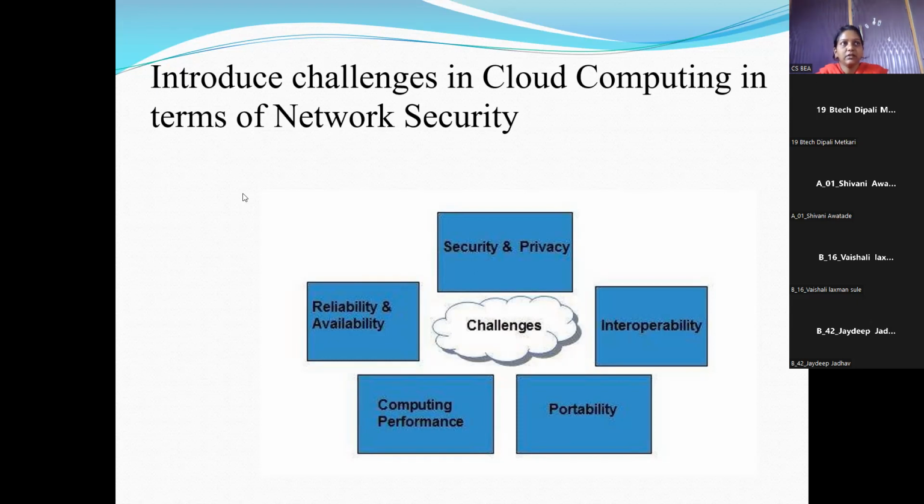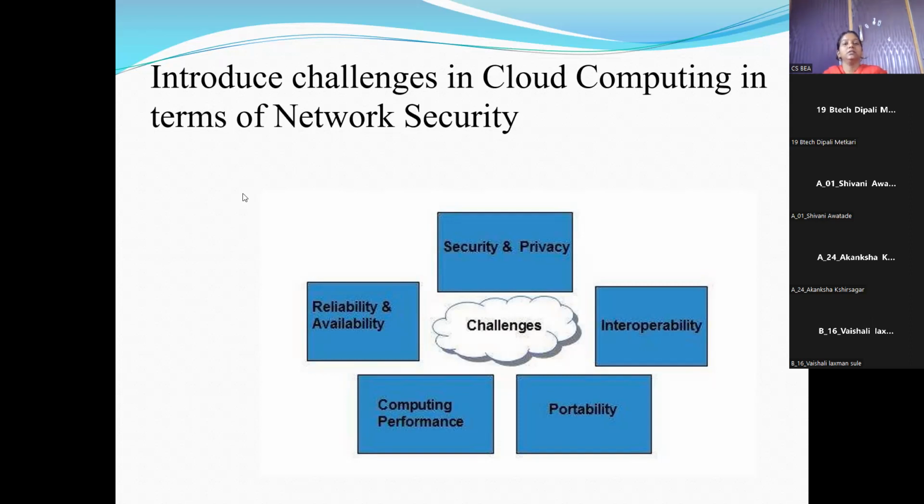So whatever cloud provider or service provider you are using, that should be a trusted, reliable one, and it should be available at any moment of time, isn't it? So that you can get full access and develop your business.